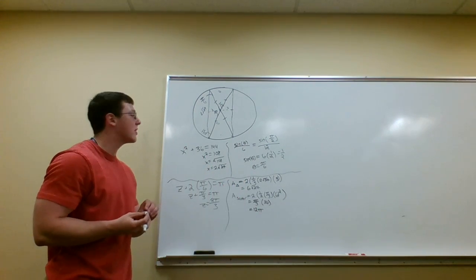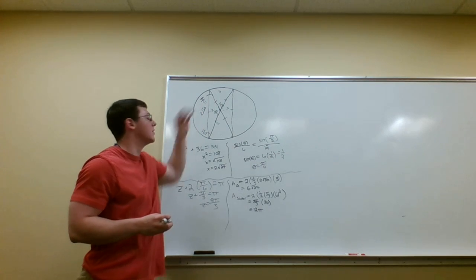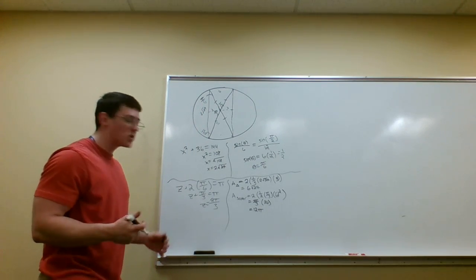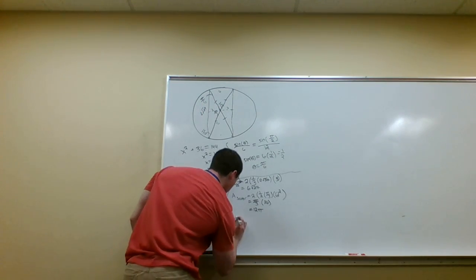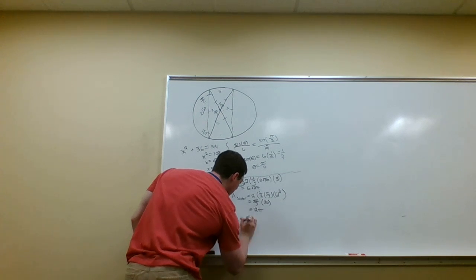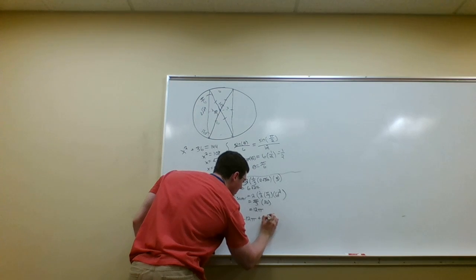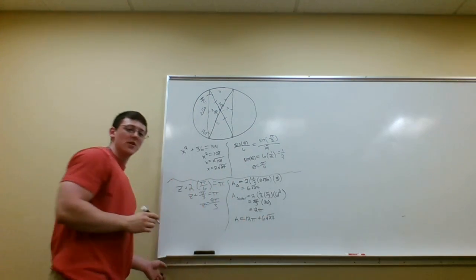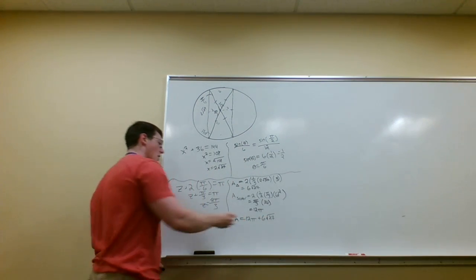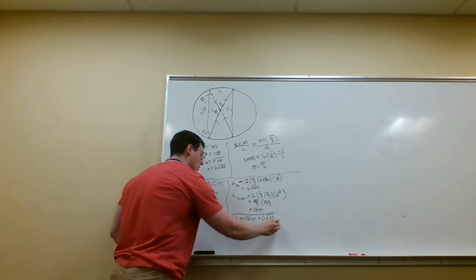So, we found out the area of each of the 4 parts that compose the inside of it. So now let's just add them together. So the area is equal to 12 pi plus 6 times the square root of 27. And that will be our final answer.